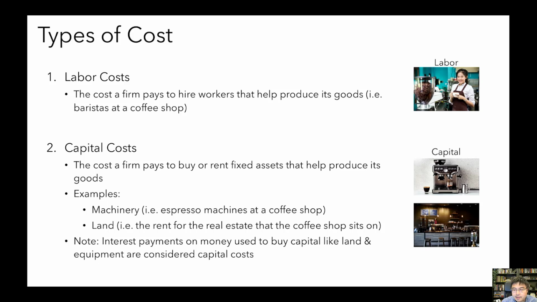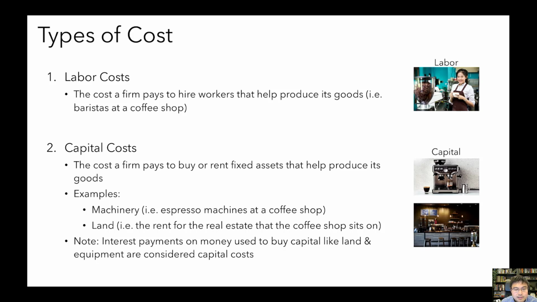Because the types of costs that I'm going to list are going to be exhaustive, meaning they pretty much cover all the kinds of costs that a firm could face. And all firms have to face each of these costs in some degree or another. All right.